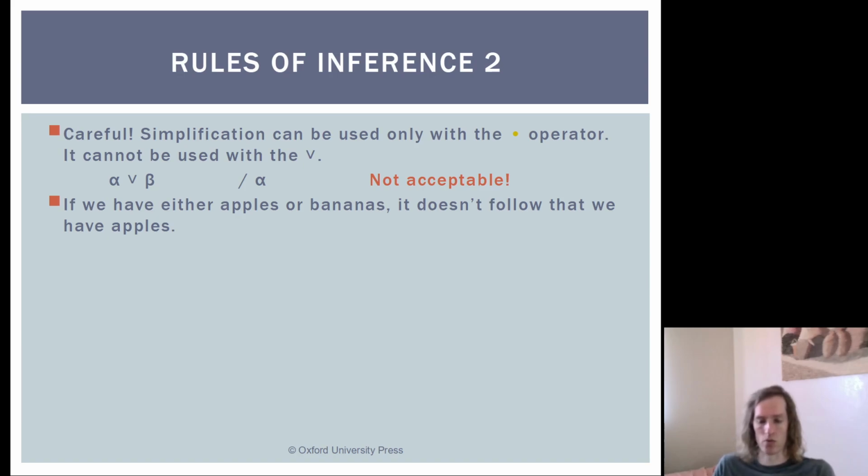But if we have apples and bananas, from having apples and bananas, I can conclude that we have apples. But if I only know that we have one of them, but I don't know which one, I can't conclude positively that it is one or the other of them. So simplification can only be used with the dot.